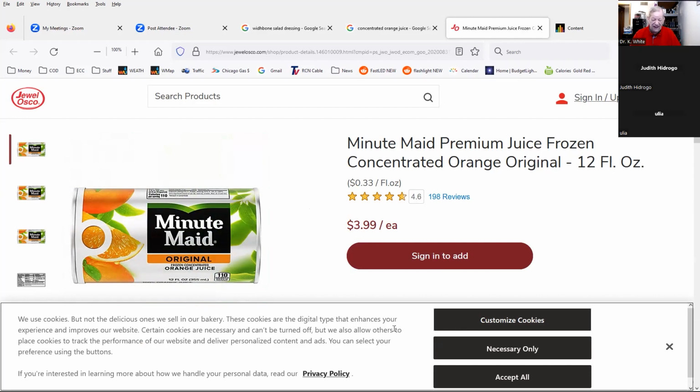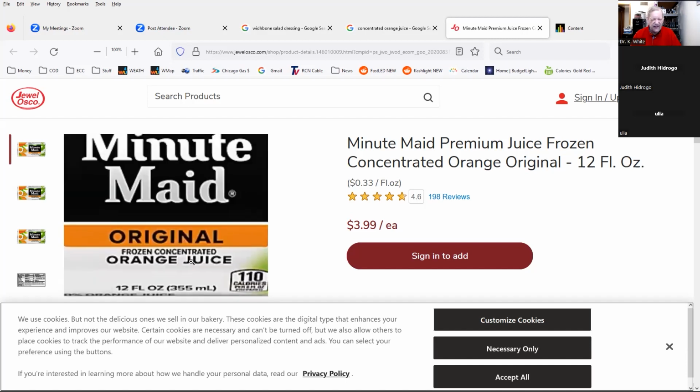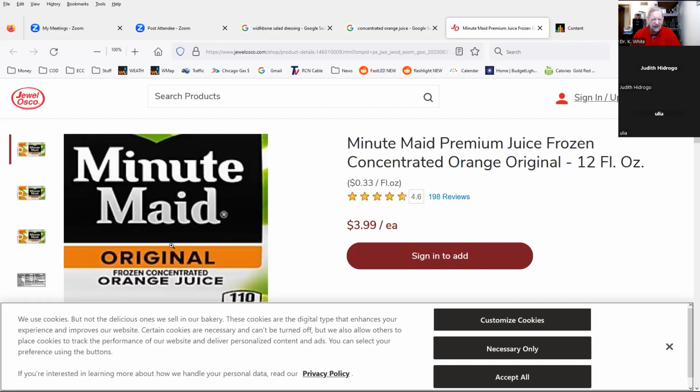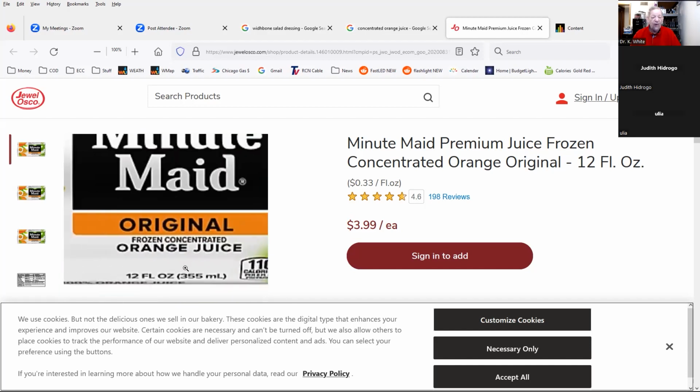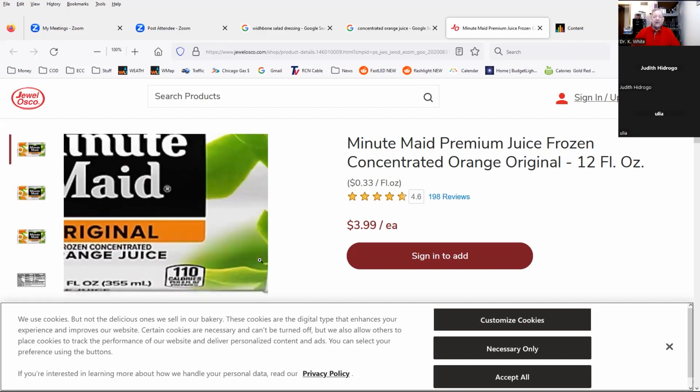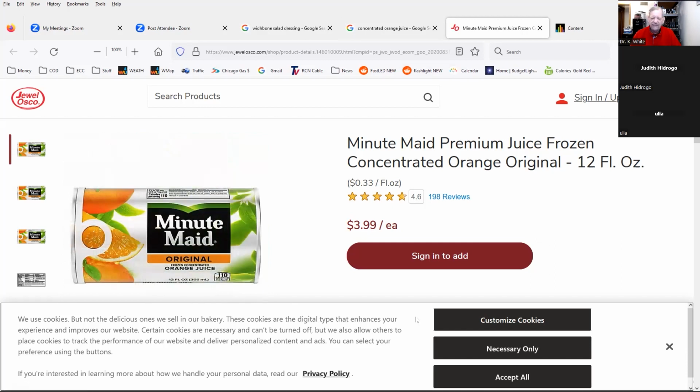You really like that? Yeah, I do. We didn't, but he did. And see where it says concentrated? This is a concentrated solution of orange juice. They've taken a lot of the water out. But you never thought I'd get into orange juice in this class.